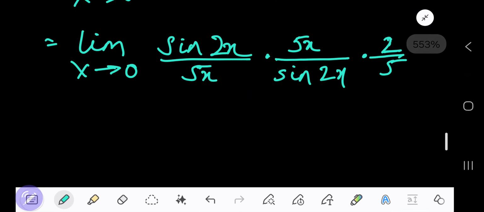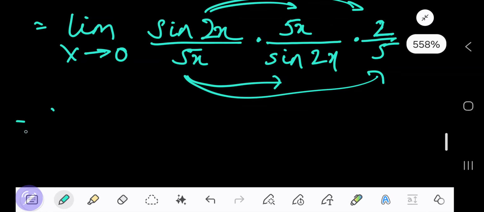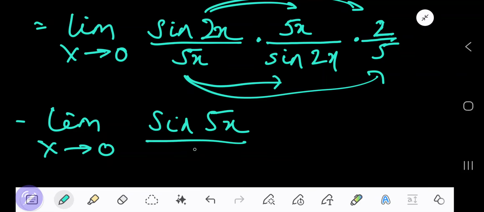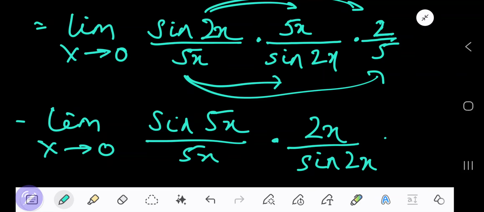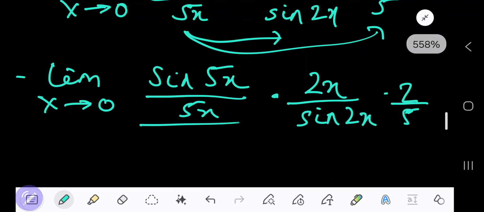Now we can change the terms in different places, or transpose them to other places. So I can rearrange this as the limit as x approaches 0 of sine 5x over 5x, because we brought 5x here, multiplied by 2x over sine 2x, multiplied by 2 over 5. We know that this is equal to 1, and this is equal to 1. So what would we do now?